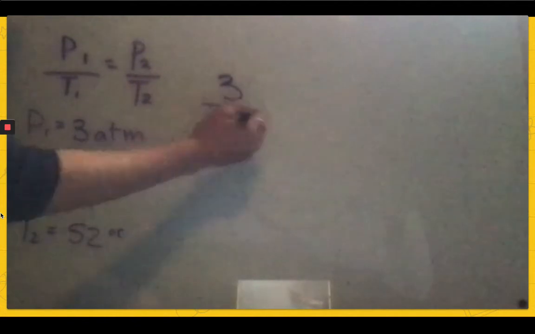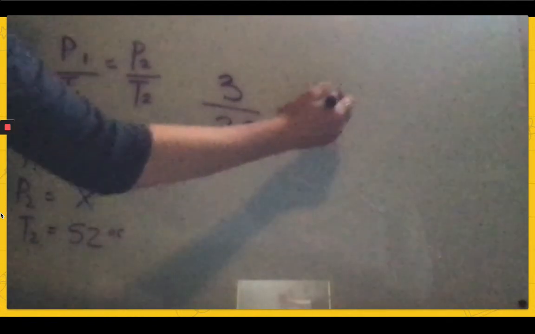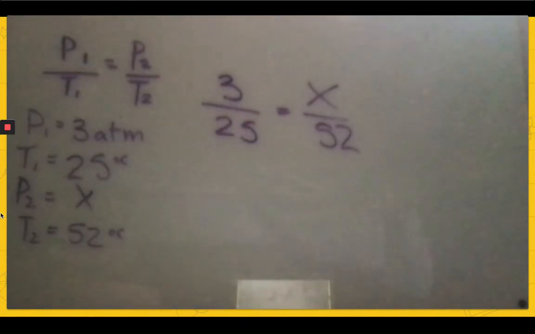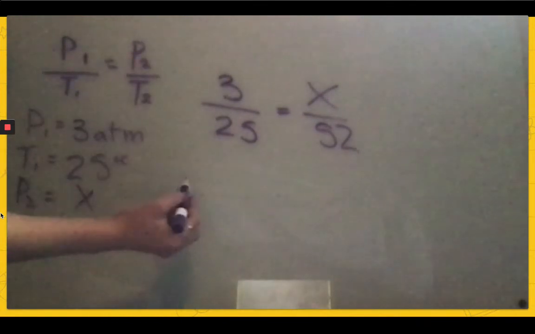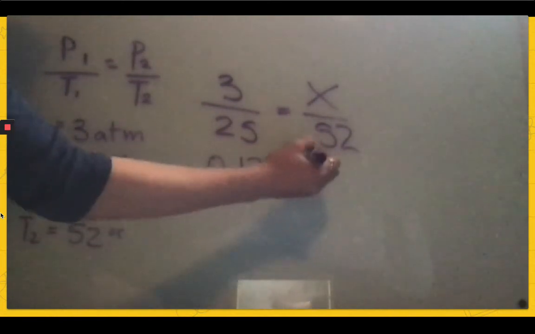So as we plug these in, we will get 3 over 25 equals x over 52. Sorry, that's really crooked. We're going to solve this just like we did earlier this week with Charles' law. 3 divided by 25 will give us 0.12 equals x over 52.